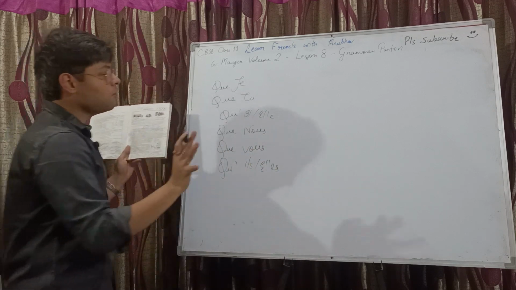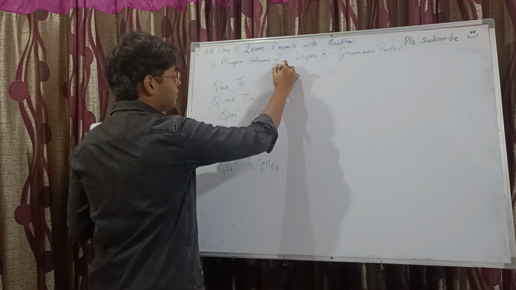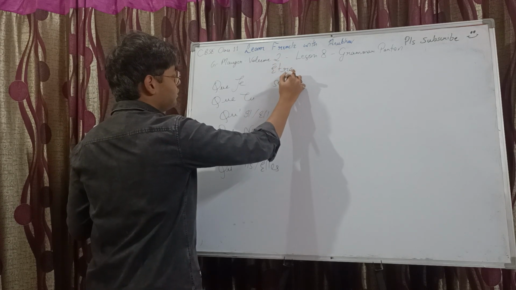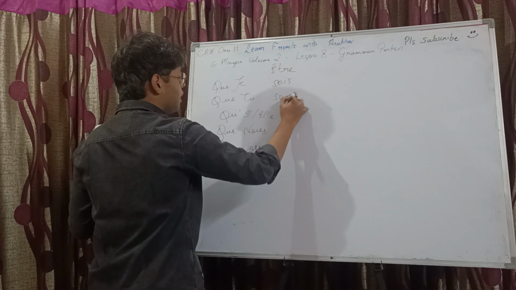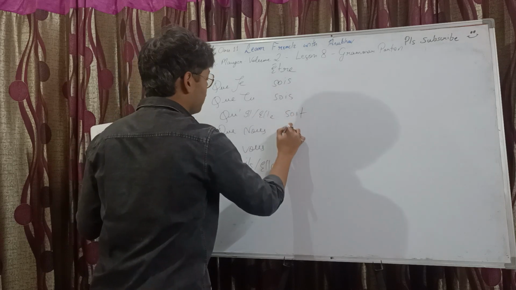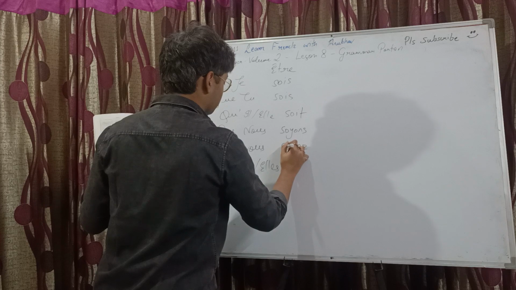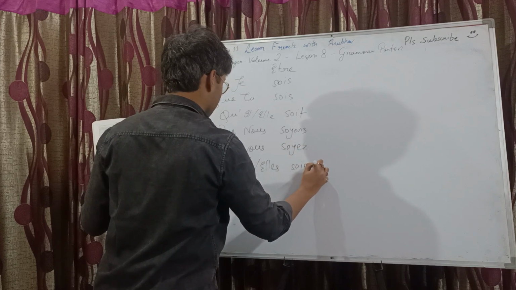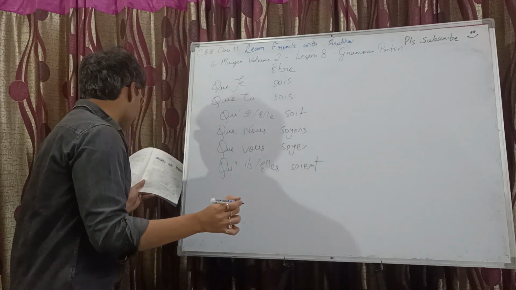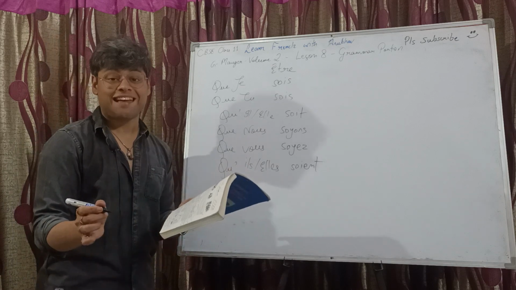And then we have the subjunctive conjugation. First let's write for être. So it's soit, soit, soit, soyons, soyez, soit. This is the subjunctive conjugation of the verb être.